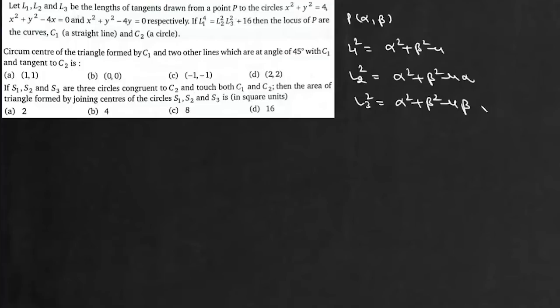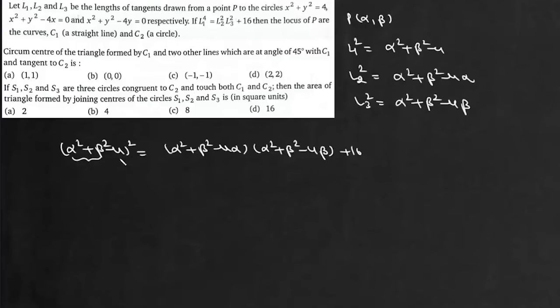Now we are given that L1 to the power 4, that means (alpha square plus beta square minus 4) whole square, is equal to (alpha square plus beta square minus 4 alpha) into (alpha square plus beta square minus 4 beta) plus 16. Now we'll take this as first term and minus 4 as second term.